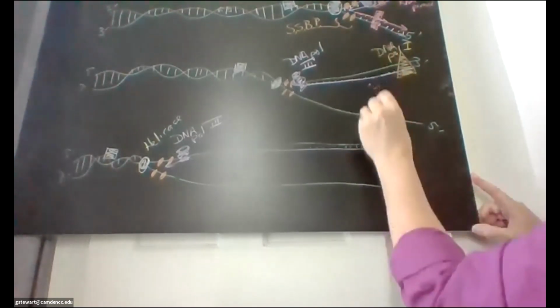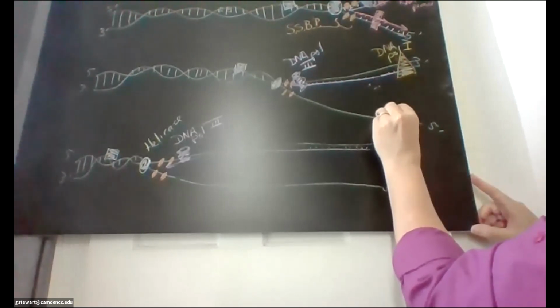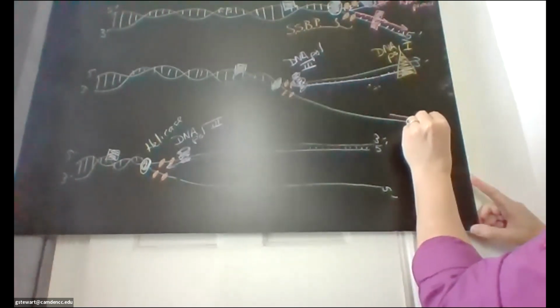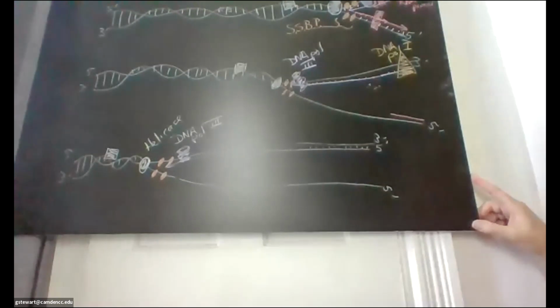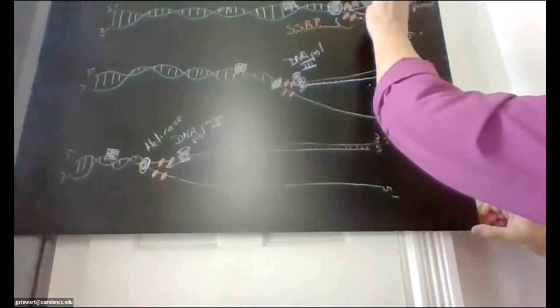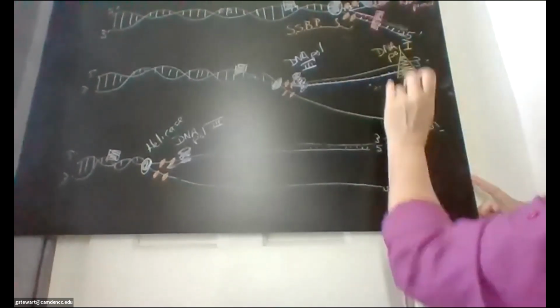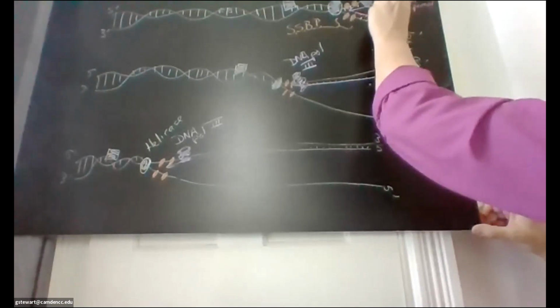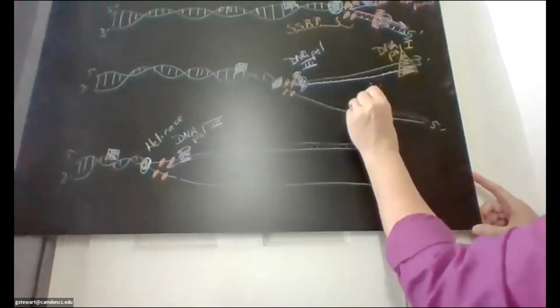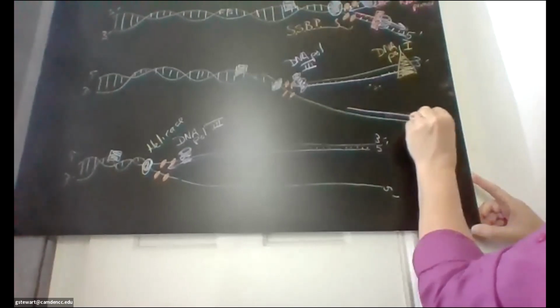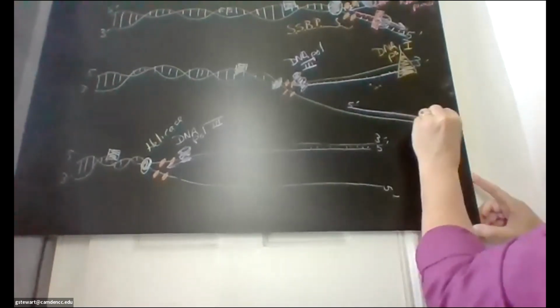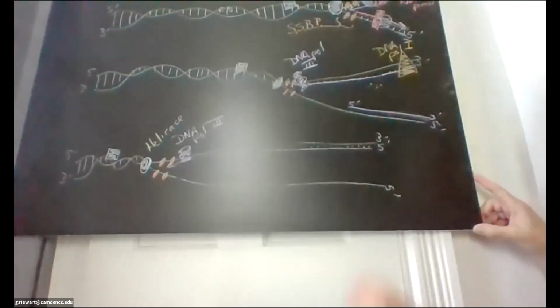So on my second drawing, we would still have the primer here, but DNA polymerase would be jumping on here and synthesizing, and I'll make it a little bit longer, 5' to 3'. But the primer is still sitting there.